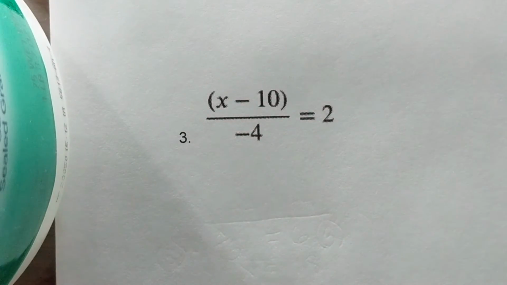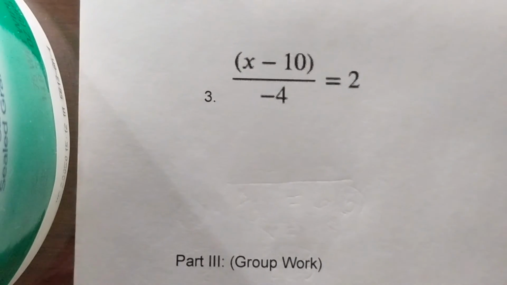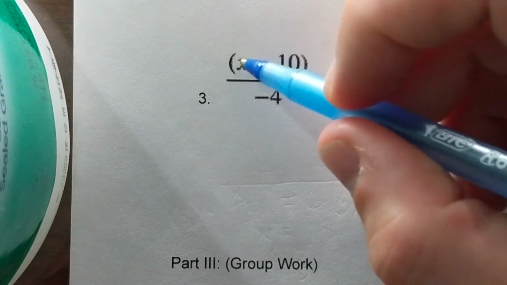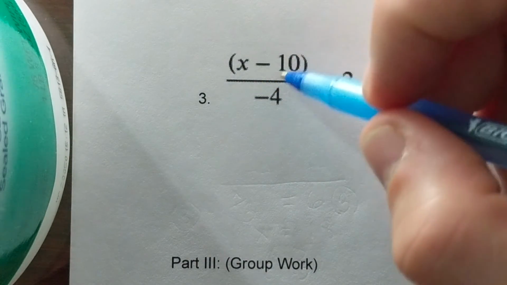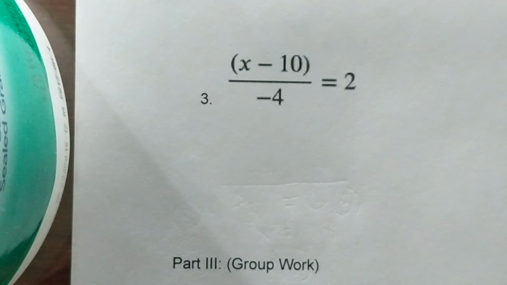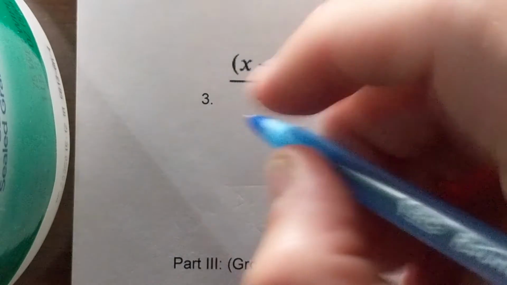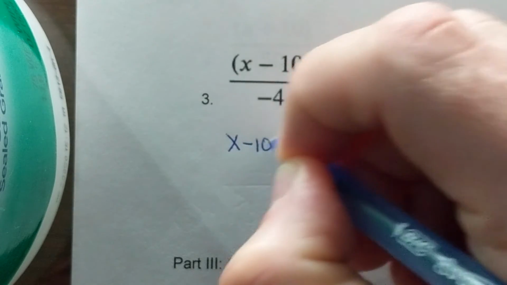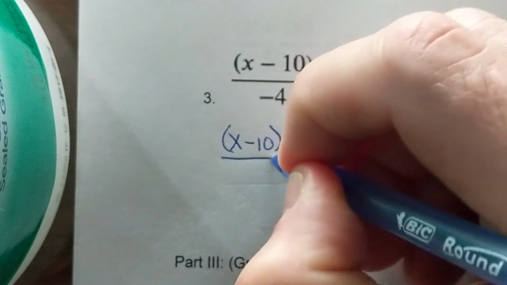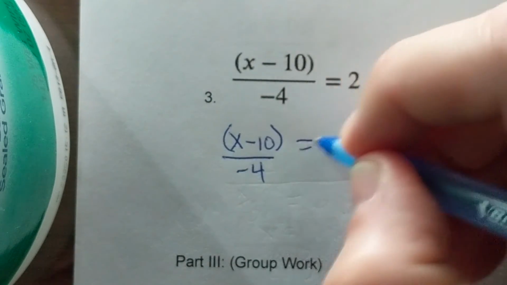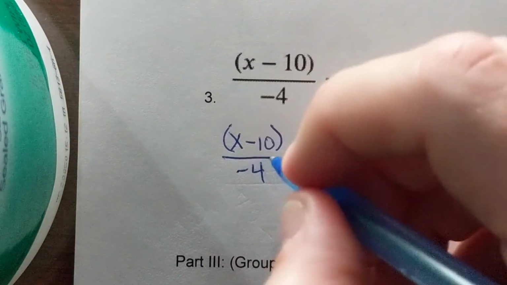Alright, number 3, the last one we'll do together before you start working on your group work. We have the quantity x minus 10, so that's in parentheses, all of that divided by negative 4 equals 2. So again, the first step is to try and get rid of that division because we have the parentheses, the grouping. So the opposite of dividing by negative 4 would be to multiply both sides by negative 4.